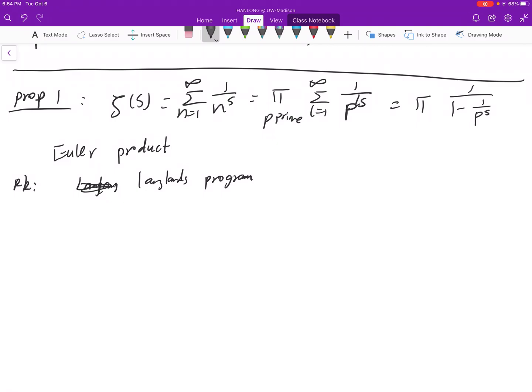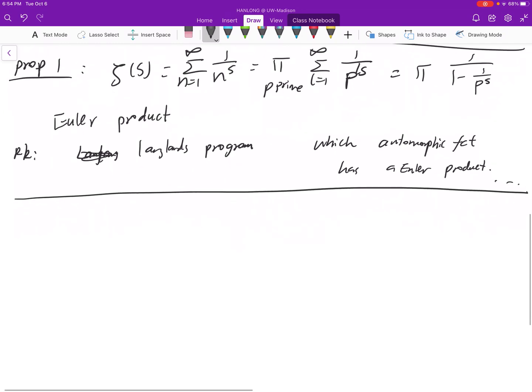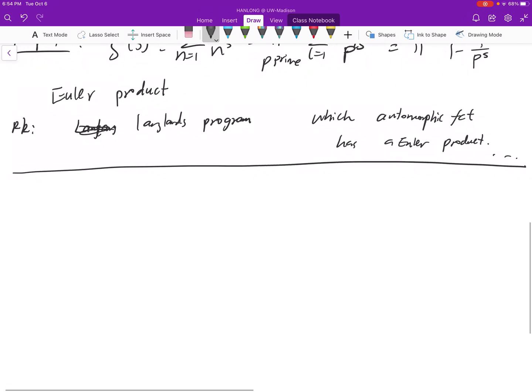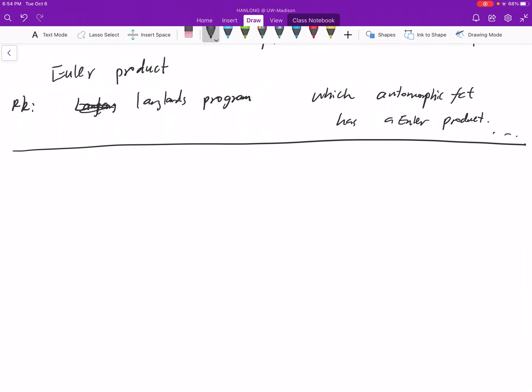The natural question is, which automorphic function has an Euler product? A natural guess is Langlands discovered that if you associate with some representation, then it has an Euler product. This is just a very shallow introduction to the Langlands program. It's much deeper than I think.